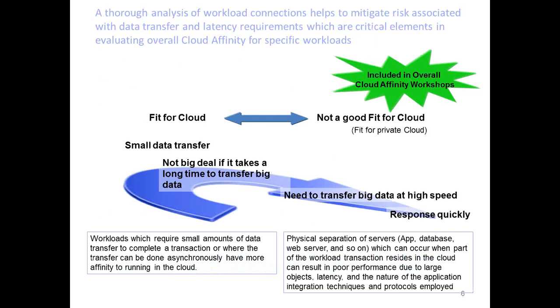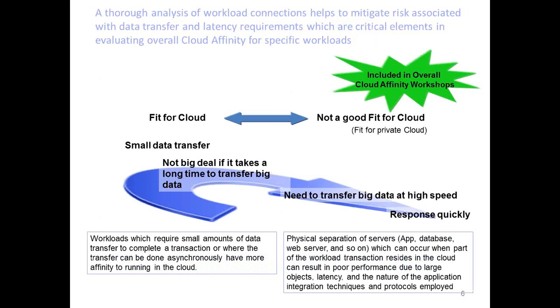Okay, and so one of the key things that could potentially impact response time would be network latency. Let me give you a good example of one of the questions and concerns that keeps coming up with my clients.